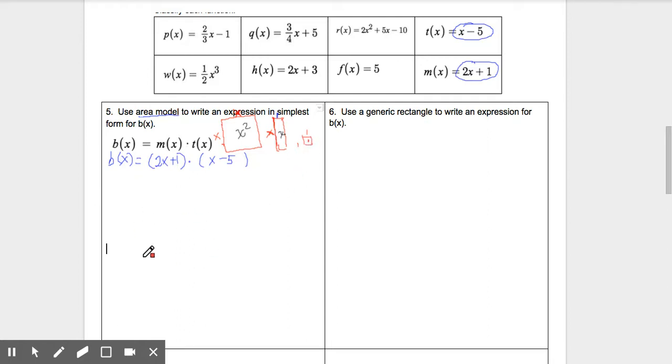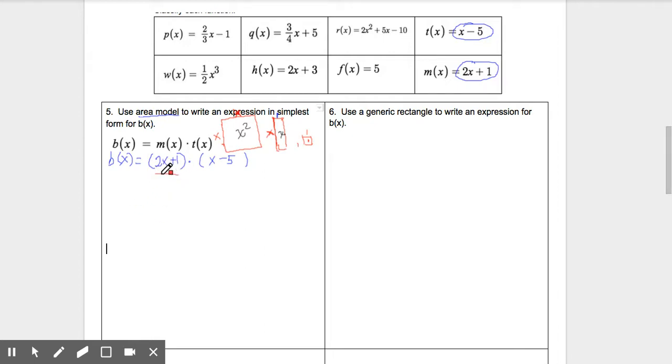So now we need to draw rectangles so that the length is 2x plus 1. Okay. So we're going to use the algebra tiles to create a rectangle where the length is 2x plus 1 and the width is x minus 5. So let's start with the length first.